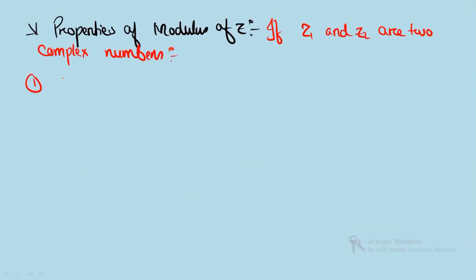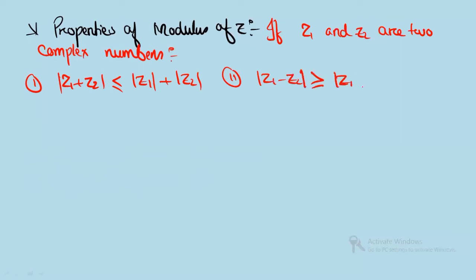The first property is the modulus of the sum of z1 and z2. It will be less than or equal to the modulus of z1 plus the modulus of z2. All right. The second is the modulus of z1 minus z2, which is greater than or equal to the modulus of z1 minus the modulus of z2.